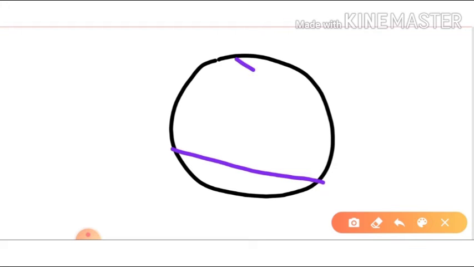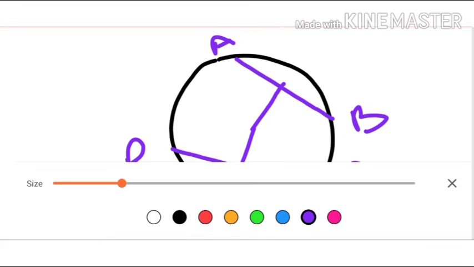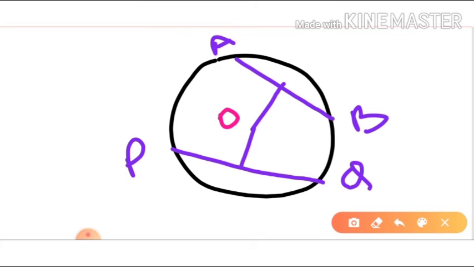These two are equal chords for the first one, AB and say PQ, and these two are the perpendiculars drawn from the center of the circle, say O, and this one let it be C, and this is M.